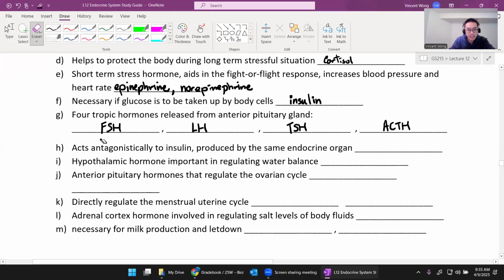Acts opposite to insulin. Again, look at the master diagram. If you don't know the answer, what works against insulin? If you are full after a meal, you need insulin to bring the sugar back down. But if you're fasting and you don't have enough glucose in the blood, what hormone will you need?